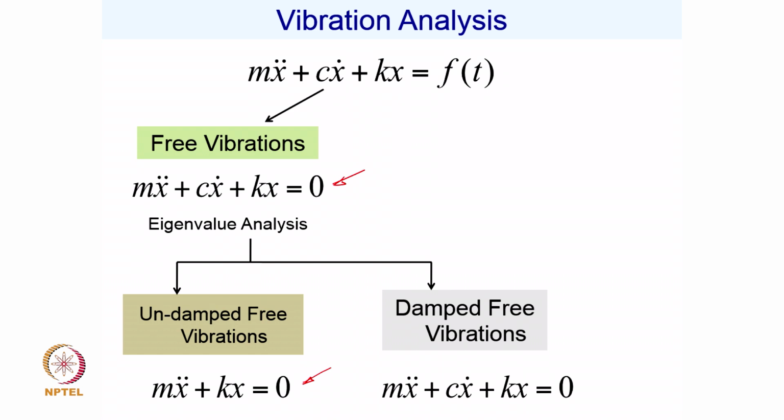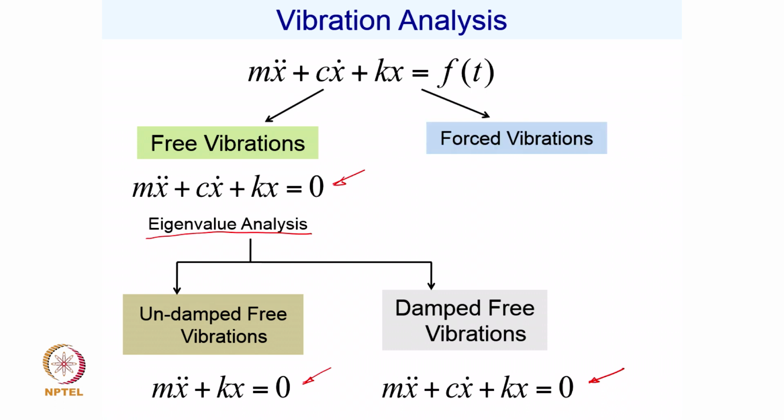The equation basically leads to eigenvalues in the system, and those eigenvalues are nothing but the natural frequencies. So, both of these two equations can be solved to obtain natural frequencies, and that is what we are interested in, and that is the reason the solution of this equation is the eigenvalue analysis.